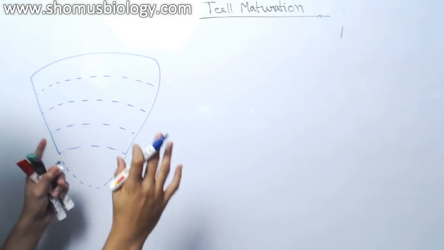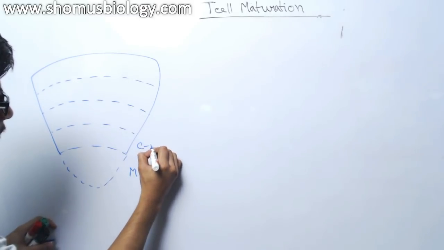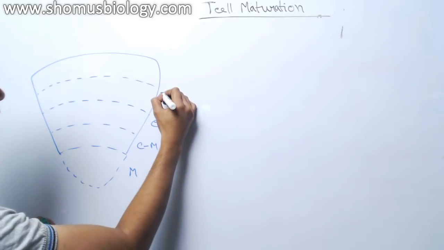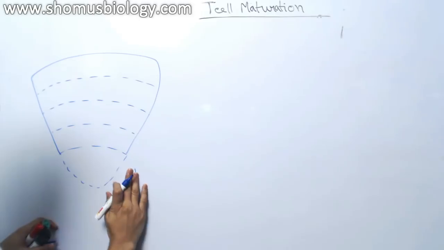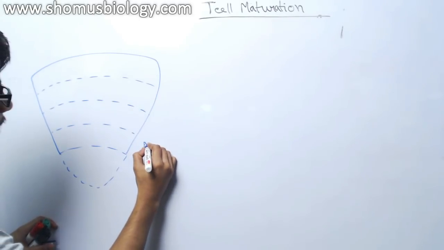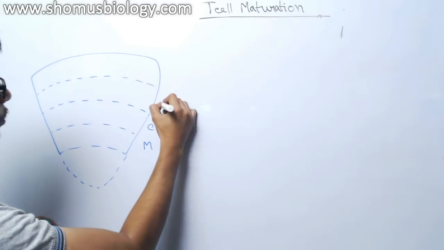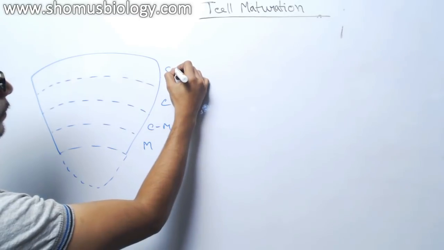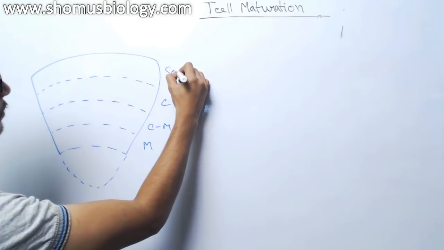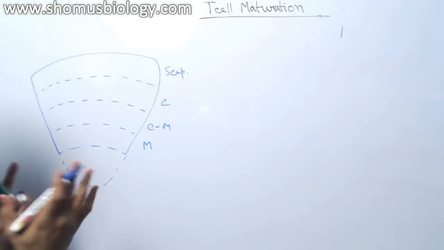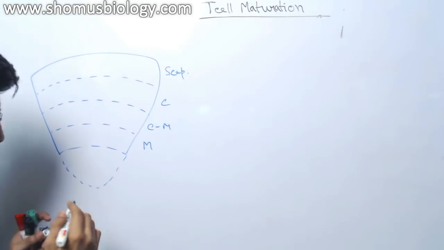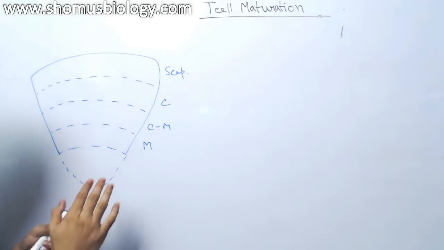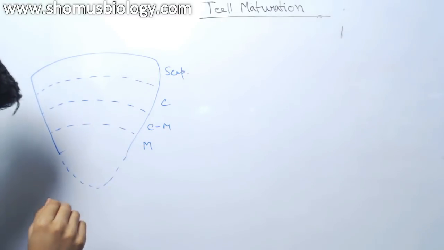So it has all these regions. I'm not interested in talking about the anatomy of this region, but this is how it looks. Now this whole thing is the medulla, for example.